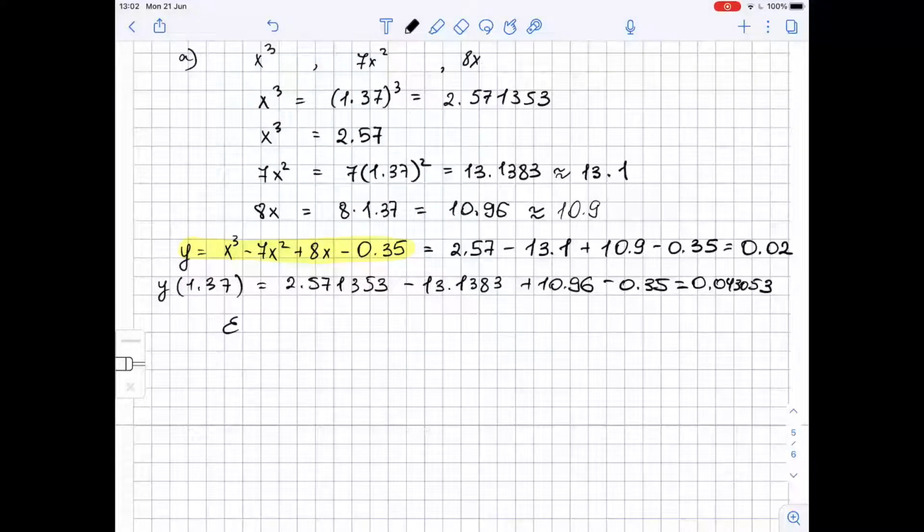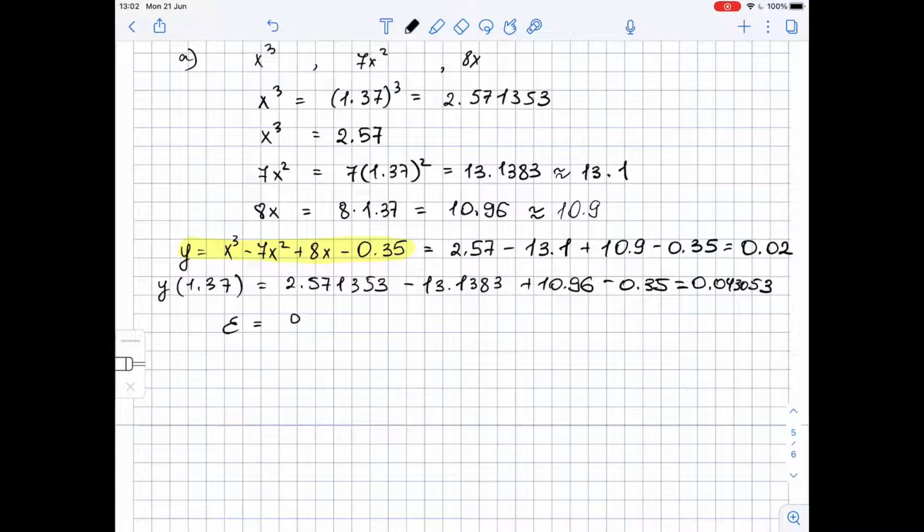So the percent relative error equals the exact result minus the result that we got with 3-digit chopping, divided by the exact result.